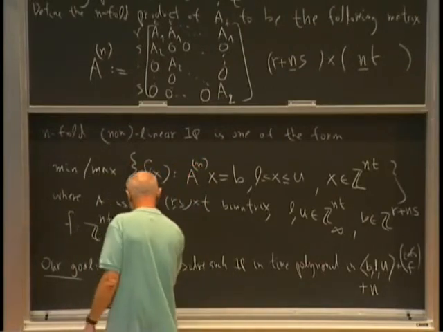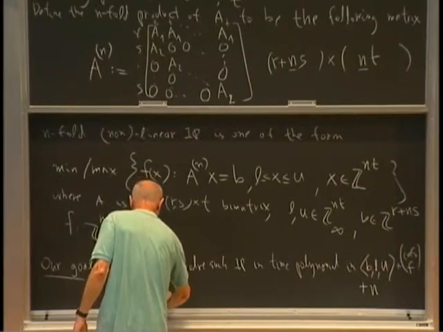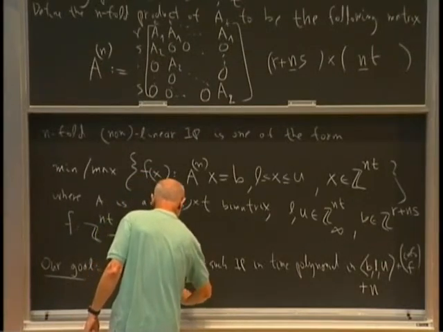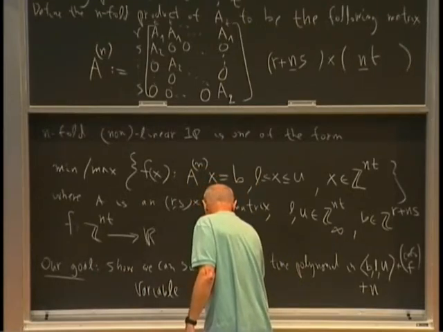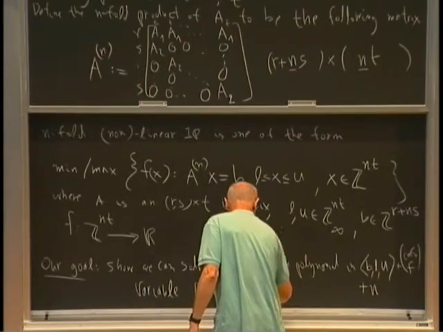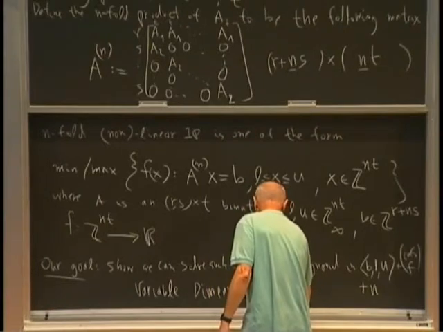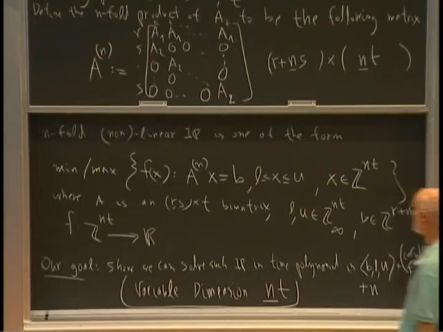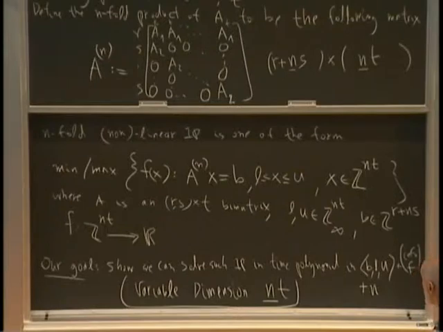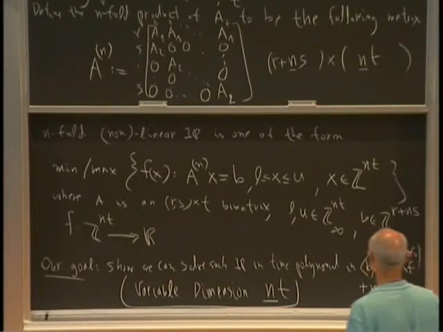I should emphasize this, in contrast to the theory of fixed dimension that Matthias is developing. This is variable, large dimension, n times t: n is variable, t is fixed. This is very nice because in the applications, which we will discuss next time, it's very natural to have a problem with a variable number of variables, and that's very useful.